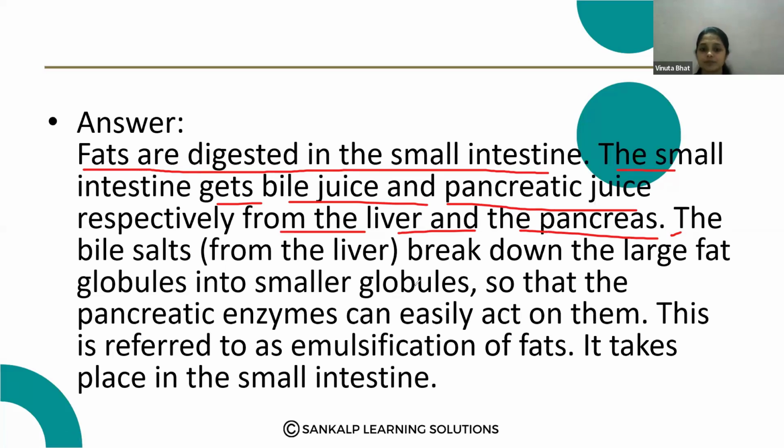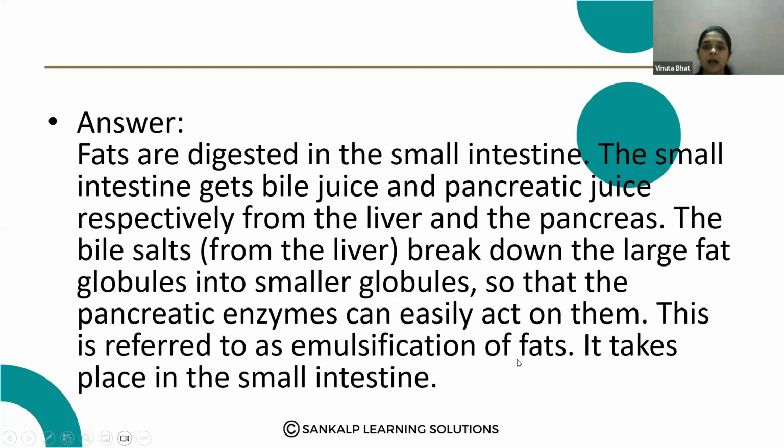So, this process takes place in the small intestine. The large globules of fat break down into small ones, then the pancreatic enzymes act on this fat, so the lipase enzyme acts on the fat.